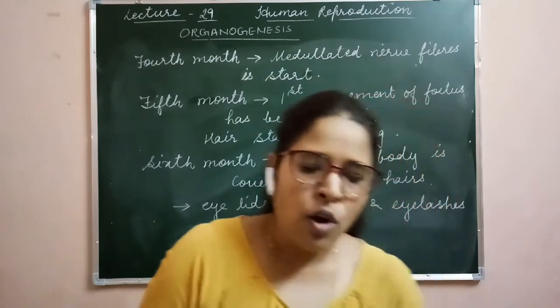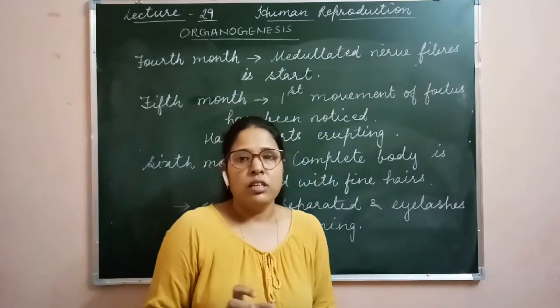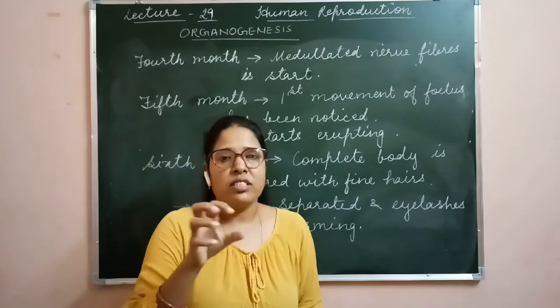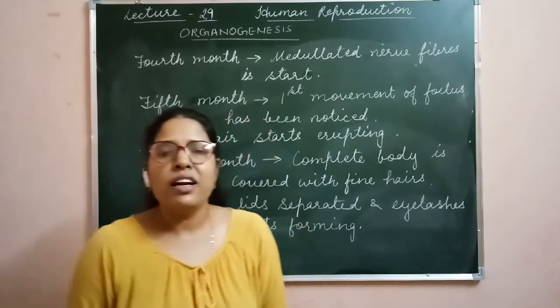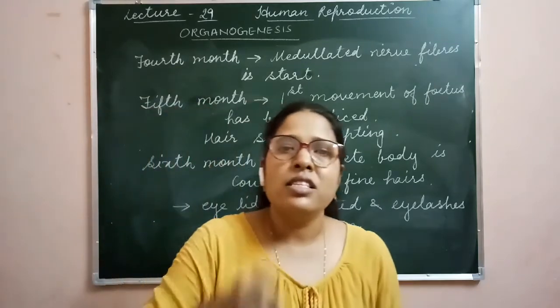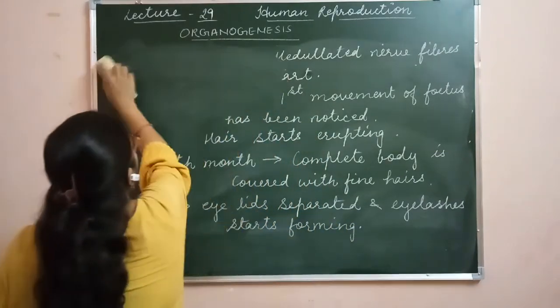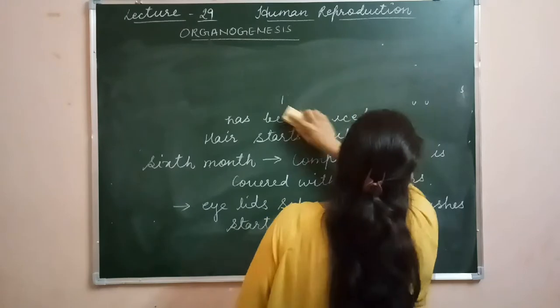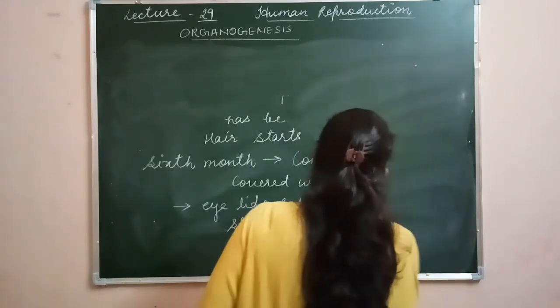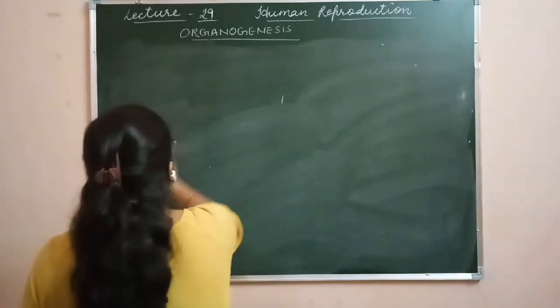Now at the end of the seventh and eighth month, the testes descend into the scrotal sac. So here, at the seventh and eighth month, the fetus is now almost a fully developed fetus.